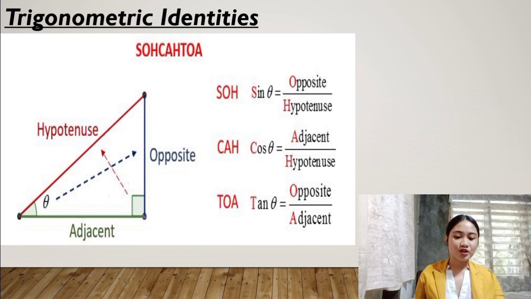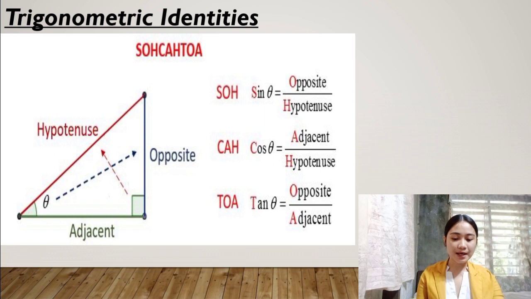SOHCAHTOA stands for sine theta is equal to opposite over hypotenuse, cosine theta is equal to adjacent over hypotenuse. However, yung TOA naman, tangent theta is equal to opposite over adjacent. Look at the hypotenuse, yung pa-slide.